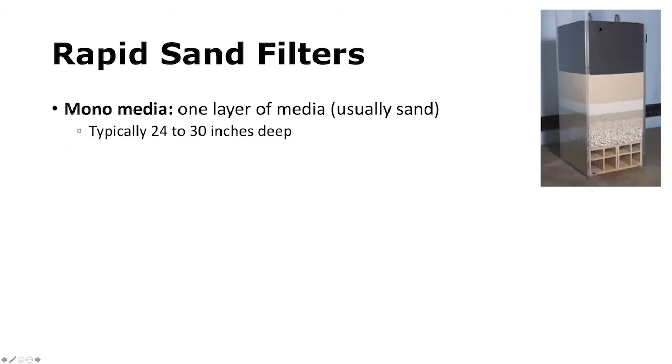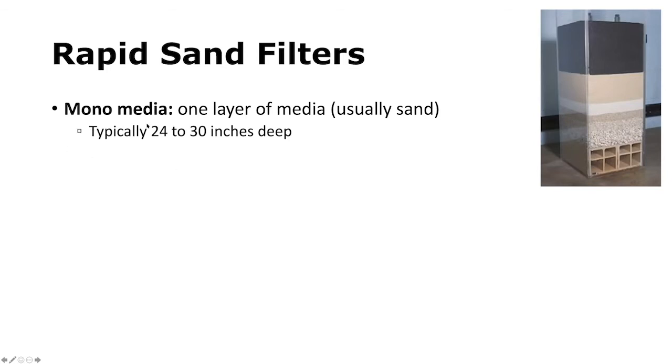So this is kind of like a cross section of what a typical rapid sand filter might look like. You've got, again, the underdrain, in this case vitrified tile, then you've got a gravel layer, different gravel layers, different sizes, then you've got the sand layers, and up on top probably some type of granular activated carbon or anthracite. But there's different types of filters, and they're named differently based on how many layers we have.